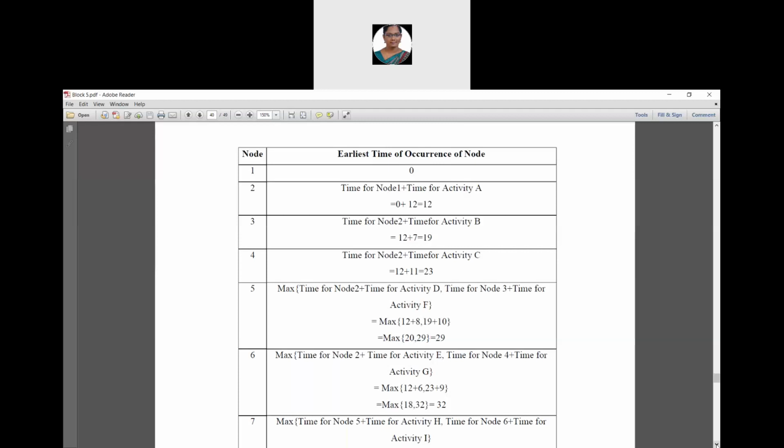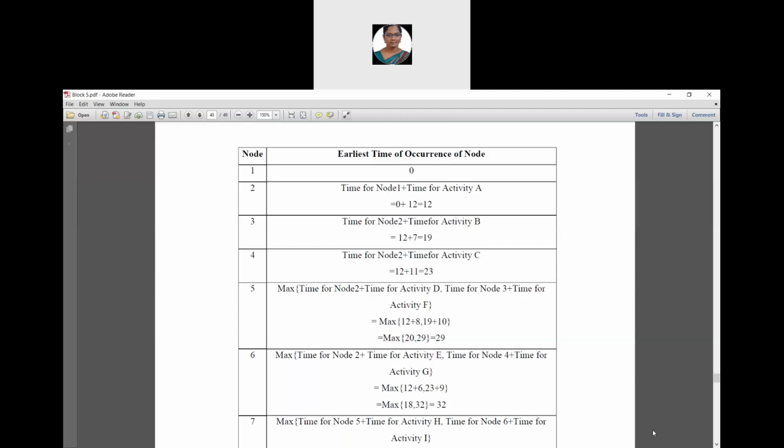So 0 plus 12 is 12. Then for node 3, the earliest start value for node 2 is 12 plus time duration value for activity B is 7. So 12 plus 7 is 19.